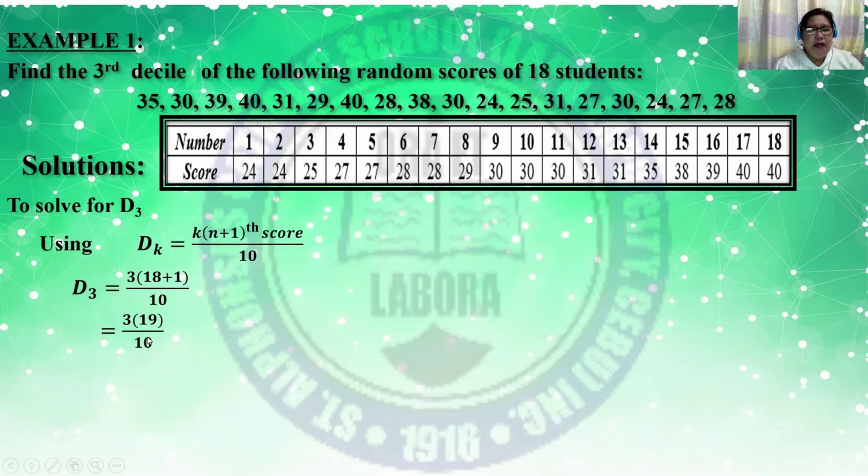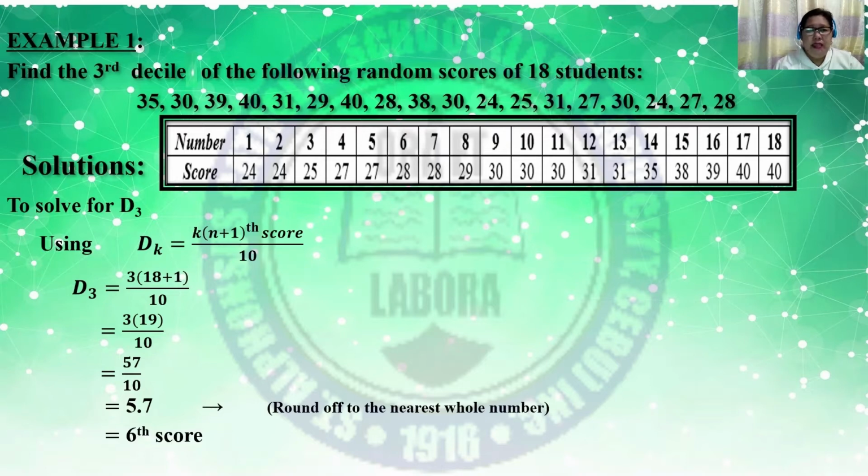And then simplify: 3 times 19 over 10, that is 57 over 10. The result is 5.7, and you can round this off to the nearest whole number. And the answer is 6.